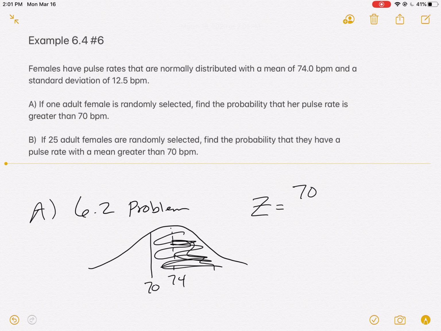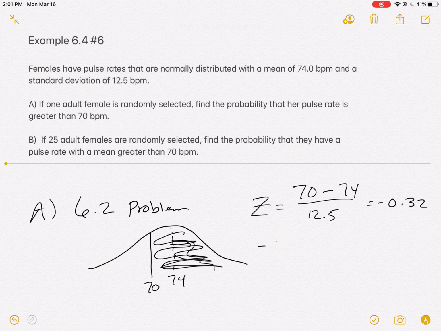We need to look up 70, but we can't, so we're going to look up its z-score. 70 minus 74 divided by 12.5, let me see what that is. We get a negative 0.32.